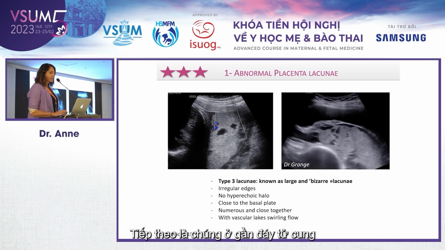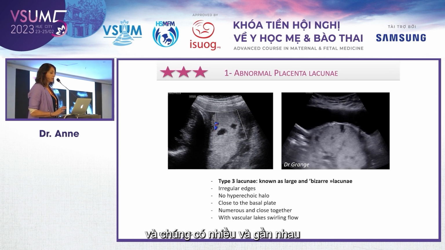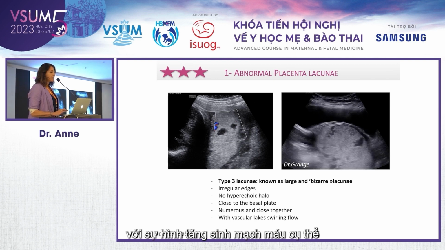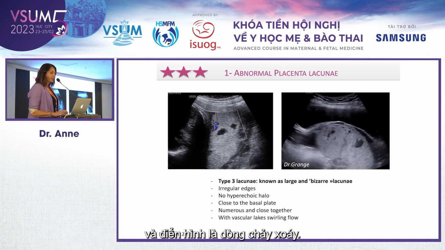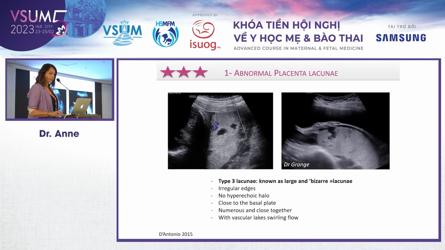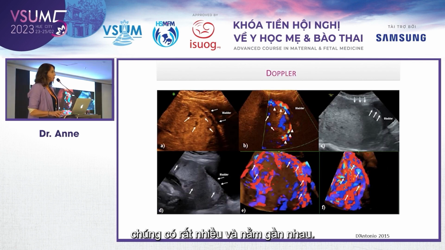They are located at the basal plate, and they are numerous and close together, with a specific vascularization that is typical of swirling flow. It is this aspect of lacunae, very numerous and close to one another.